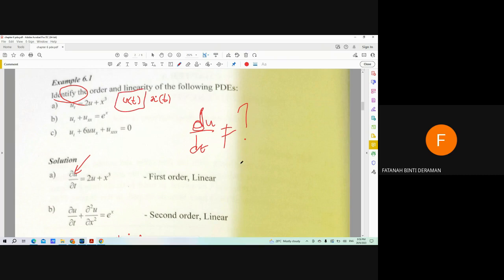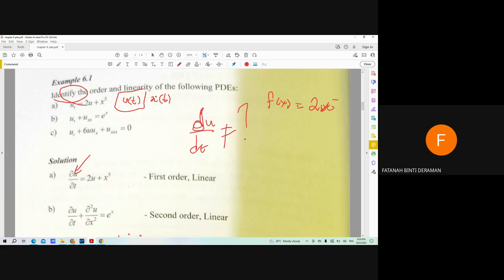So if we define the function f(x) equals to anything, 2x square maybe.